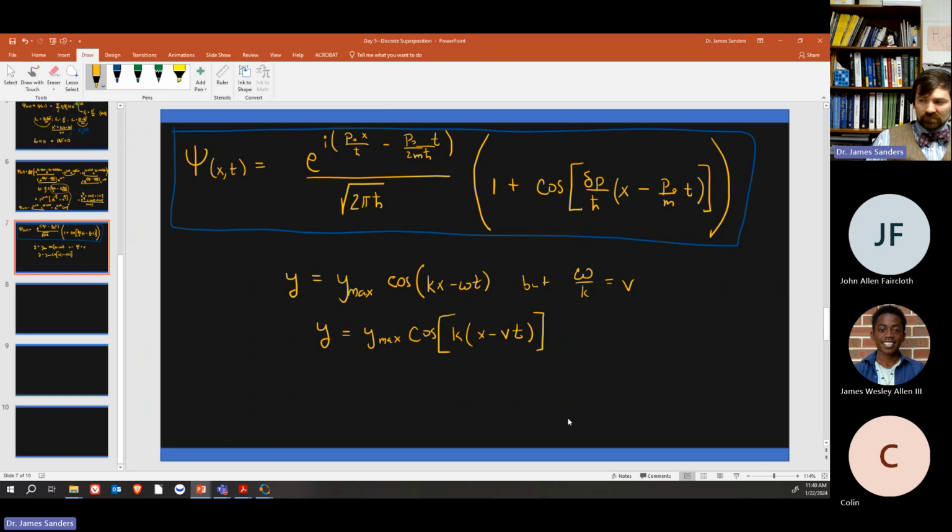All right. And so now we look at all the stuff that's in this and we say, if this is the form that this thing is taking, that means that this right here must be my k because it's occupying the k location. This right here must be my v. Okay, so k is dp over h bar. v is p naught over m.